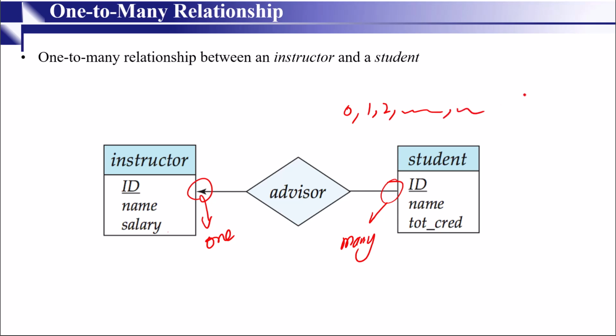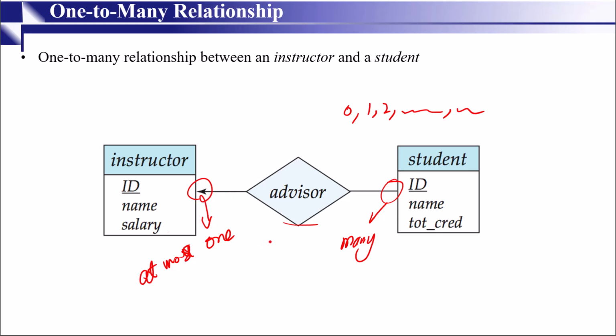You can say n, right? So we can say an instructor is associated with several students, like 0 to n students via advisor. But a student is associated with at most one, right? You can say at most one. It means one student cannot have two professors as advisor, not teaching.